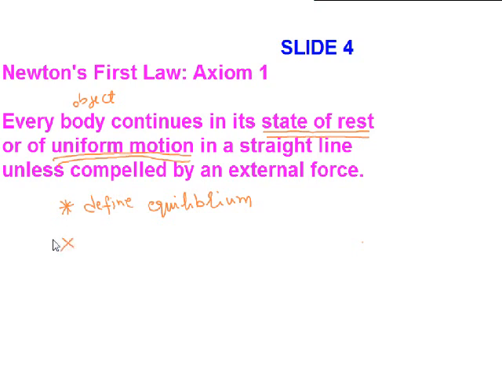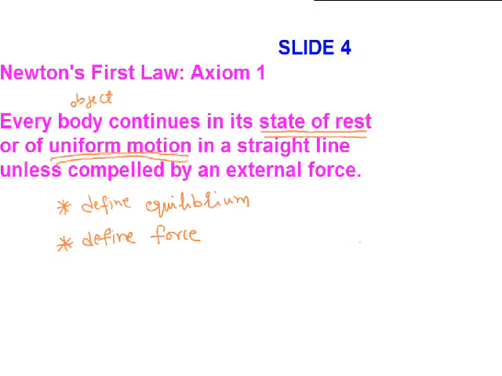It also defines what we mean by force. According to this statement, force is any external cause that disturbs equilibrium. So axiom 1 defines what is meant by equilibrium, and what is meant by force.